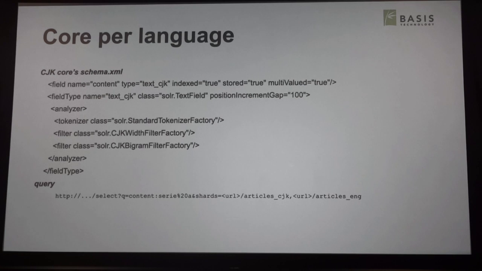And that'll help us out later, and I'll show you how that helps us out. But because there's only one language we care about, we'll just call this content. And the field type could even be text, because you're not going to have other language field types defined in that schema. Let's say we continue to call it text_cjk, and it defines again this CJK pipeline.